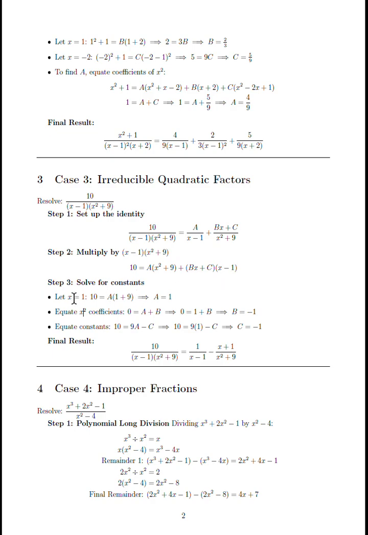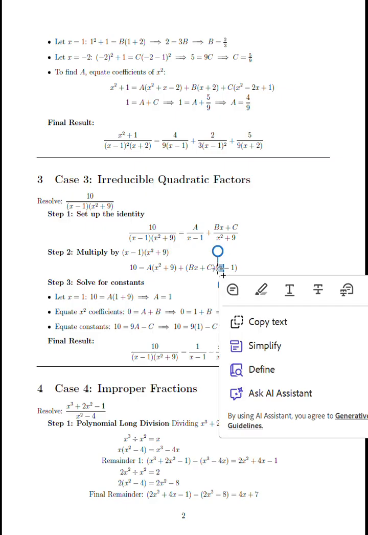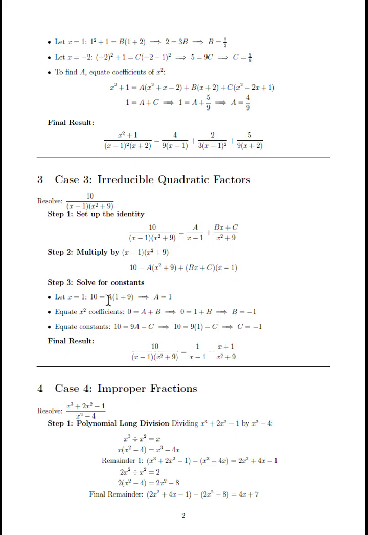If we substitute x equals 1, of course b and c will be eliminated, because x equals 1 here makes all this 0, and so we'll get a value for a. When we do that solving, we'll have a equals 1.